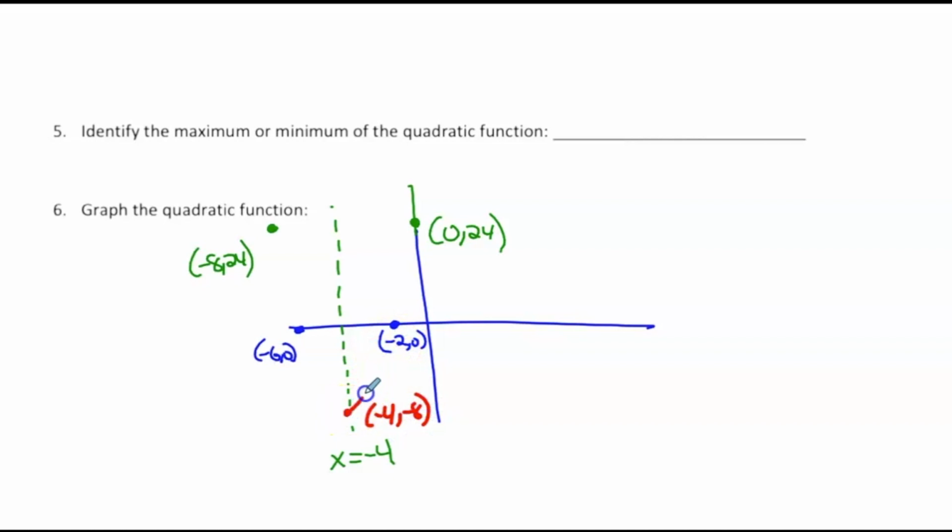And right now, that's pretty good points to at least give us a sketch of this parabola. And then we can also review the vocabulary of minimum and maximum being just the output of the function, and because this is concave up, this would have a minimum value, and that minimum value would be -8.